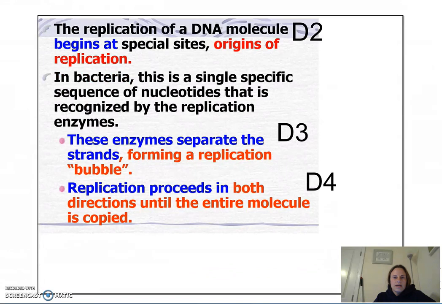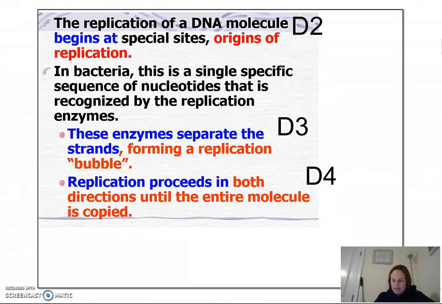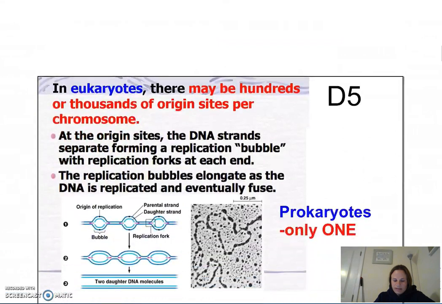So just like I said, the DNA molecule begins replicating at the origin of replication, and what it actually forms is called a replication bubble, where replication can occur in both directions until the entire molecule is copied.